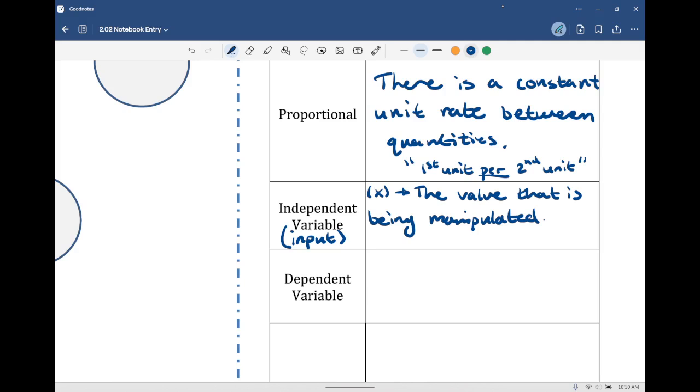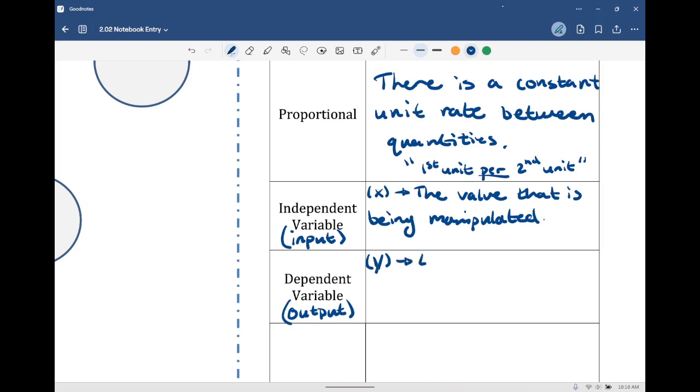Now, if our independent variable is an input, the dependent variable, everybody, is a? Okay, good, we're there. Now, for the dependent, we know that we use y. I even said it in the example talking about x.